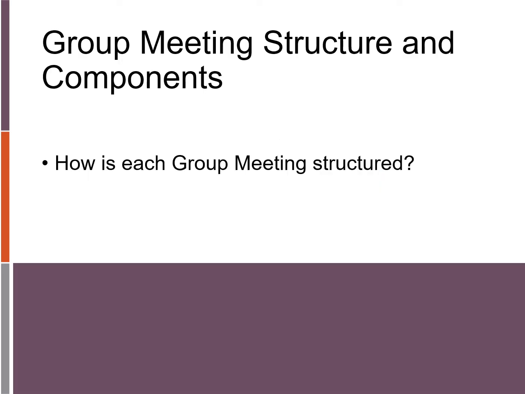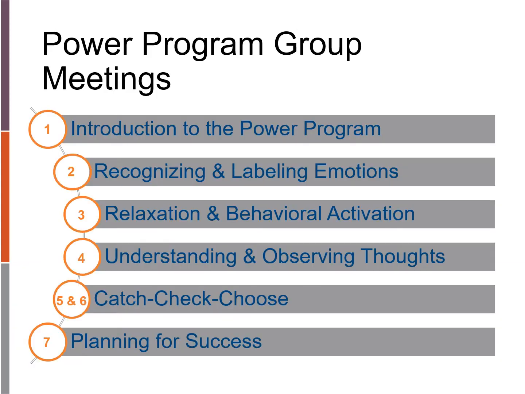In this next section, we will discuss how each group meeting is structured and the core components of each group meeting. There are 7 core group meetings in the POWER program.